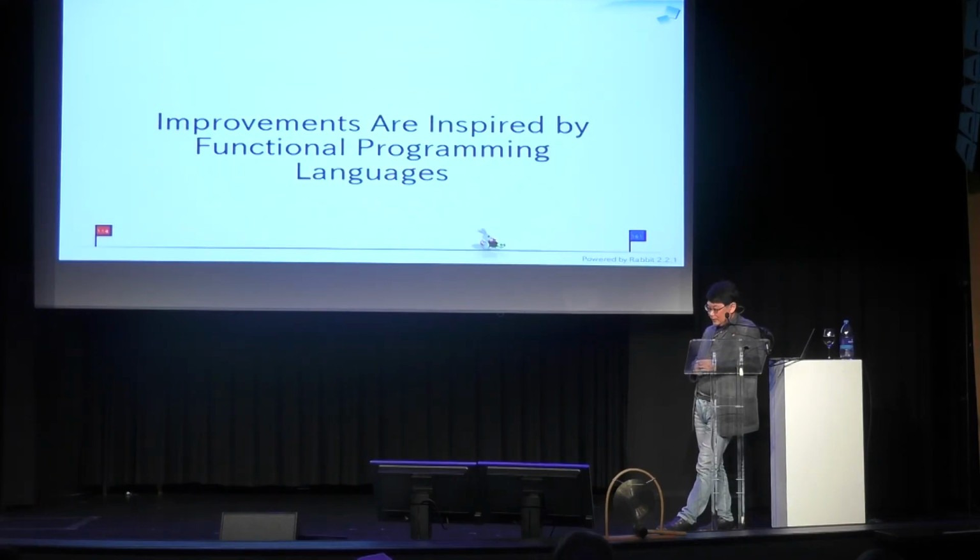Well, these improvements are inspired by functional programming languages, because at the time I designed Ruby in the 90s, I knew very little about functional programming. Since functional programming languages are different from Ruby, they are a source of inspiration for the future Ruby.